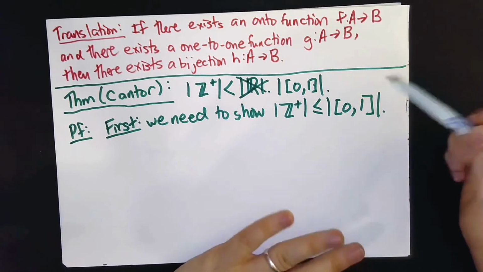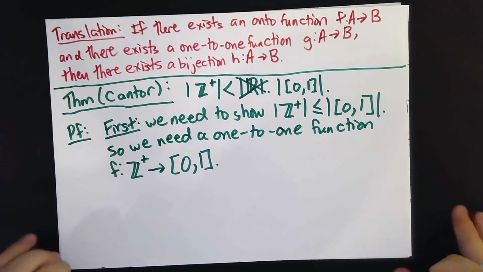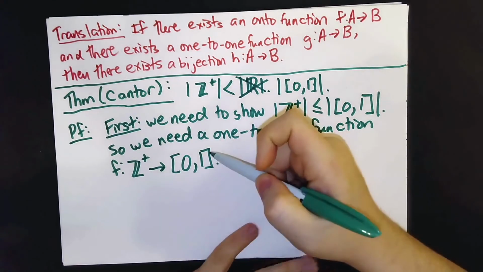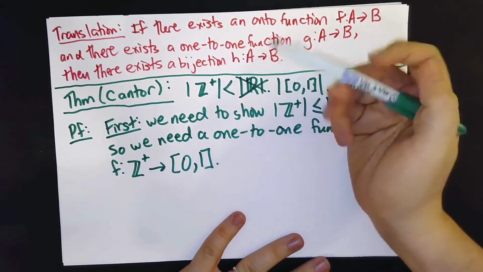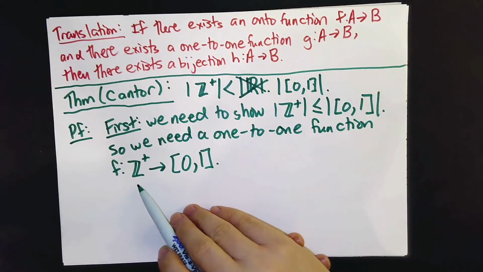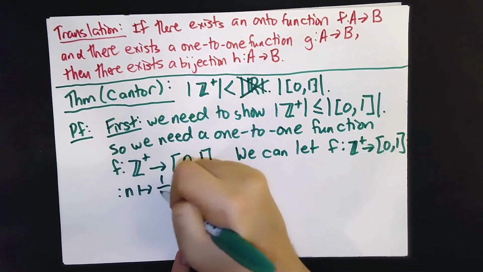And so to do that, I need to give a one-to-one function from the positive integers to the closed interval 0, 1. Now, it might actually take you a bit to think of such a function, because, of course, the positive integers don't really naturally sit inside the closed interval 0, 1. But here's a way to do it, namely, just send each positive integer to 1 over that positive integer.